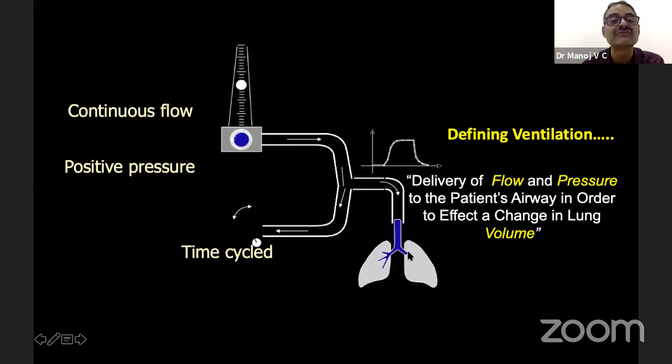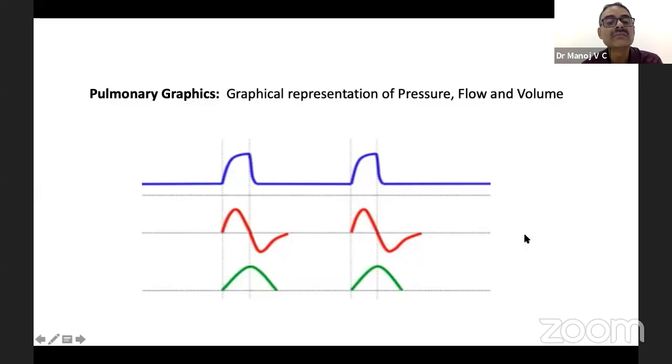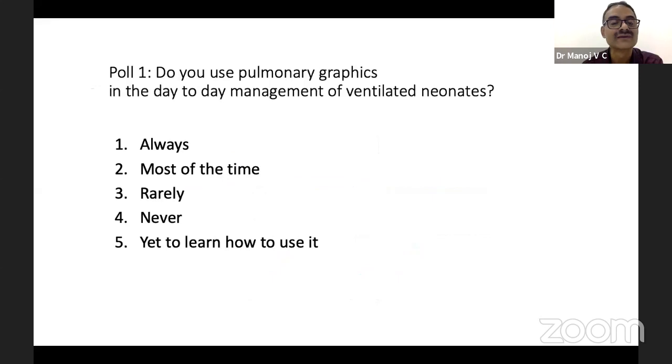So if this definition is valid, then you have 3 parameters that tell you how far your ventilation is going: the flow of gas, the pressure that it results in, and the volume that it creates. And pulmonary graphics is nothing but a graphical representation of pressure, flow, and volume.